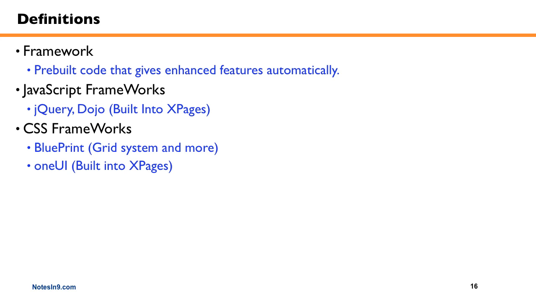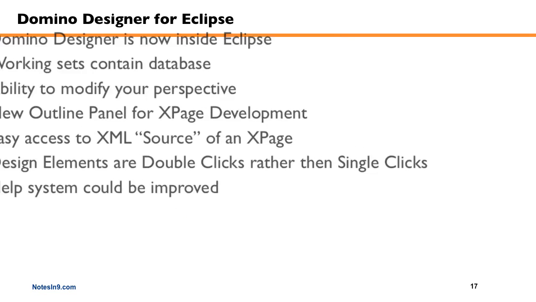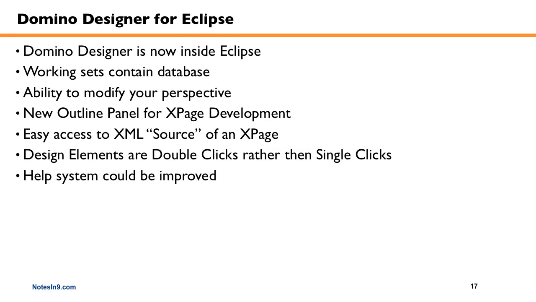You just have to download it. There are some performance considerations, but it does work. For CSS frameworks, I particularly like Blueprint, and I've done many screencasts on Blueprint, and the One UI is built into XPages.